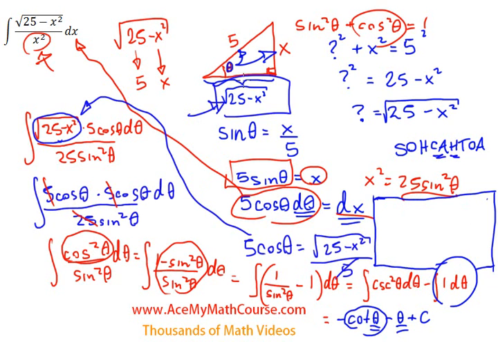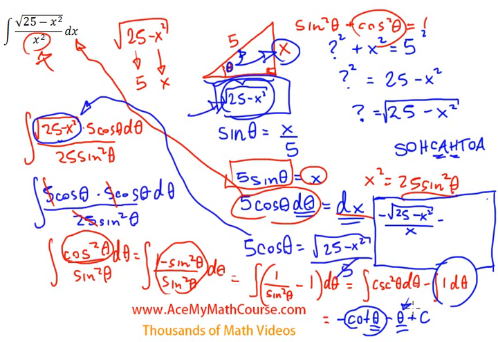Remember that the cotangent is 1 over tangent, and 1 over tangent is adjacent over opposite. So the cotangent of theta will be the square root of 25 minus x squared, which is the adjacent, over the opposite, which is x. So we have negative square root of 25 minus x squared over x, minus theta.